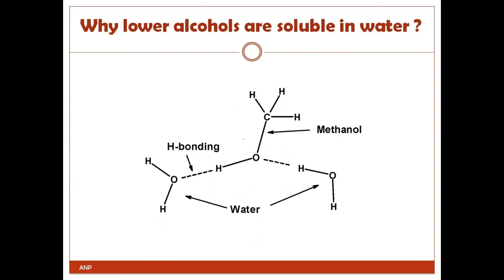A compound that forms hydrogen bonds between its own molecules can also form hydrogen bonds with water molecules, and these alcohol-water hydrogen bonds are the cause of high solubility of lower alcohols in water. In higher alcohols, the non-polar alkyl group becomes more important. They have a lesser tendency to form hydrogen bonds with water and hence they are less soluble.